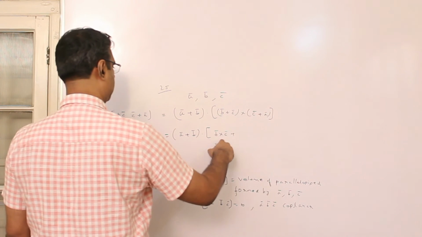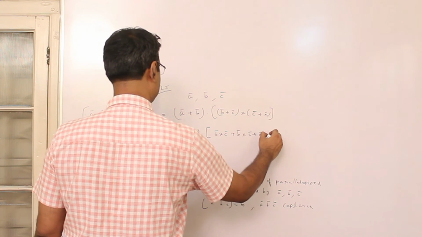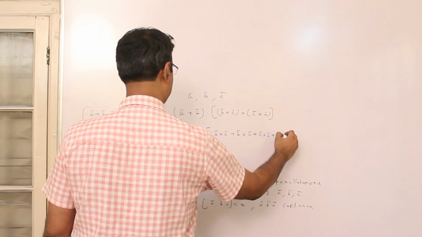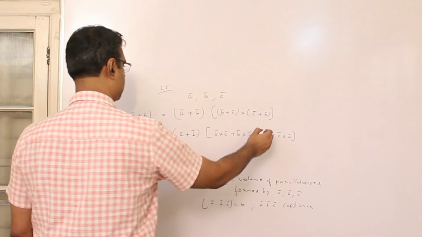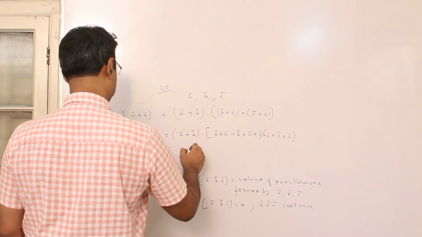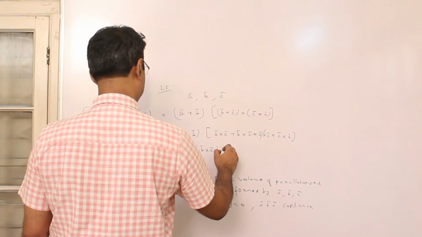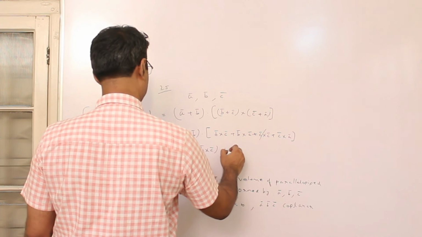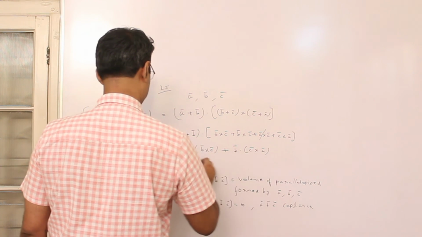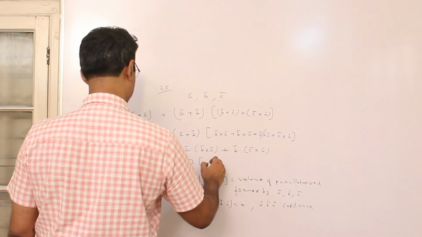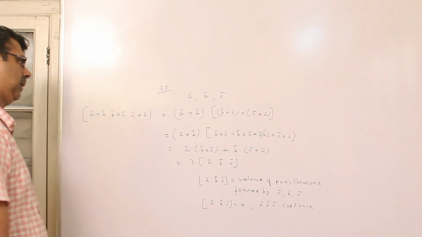So inside the bracket you will get B cross C plus B cross A plus C cross C plus C cross A. As you can see, C cross C will be 0. Now you open the bracket. So A dot B cross C plus B dot C cross A. So you will get twice scalar triple product of ABC.